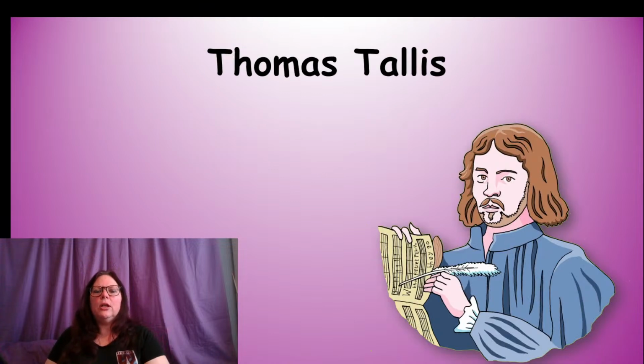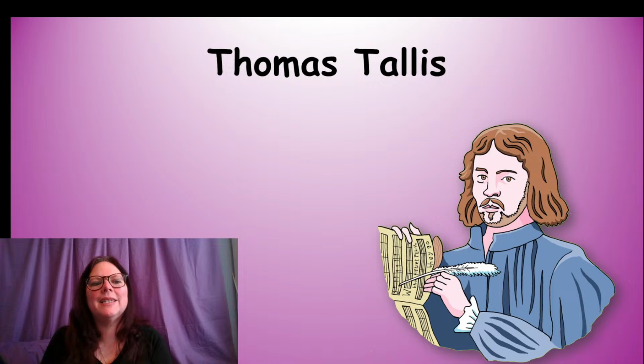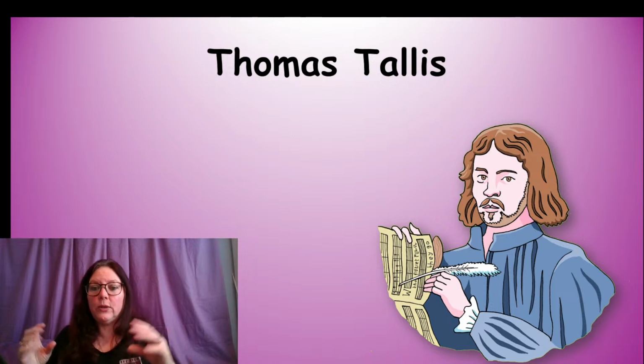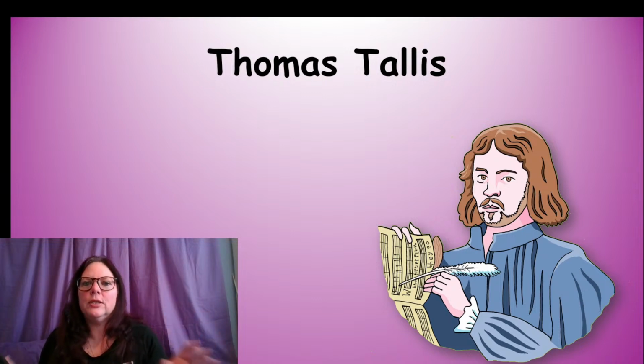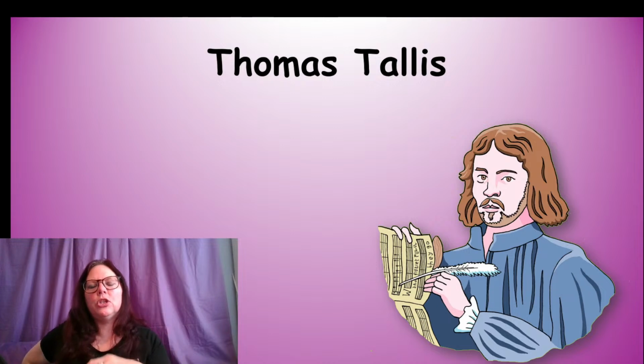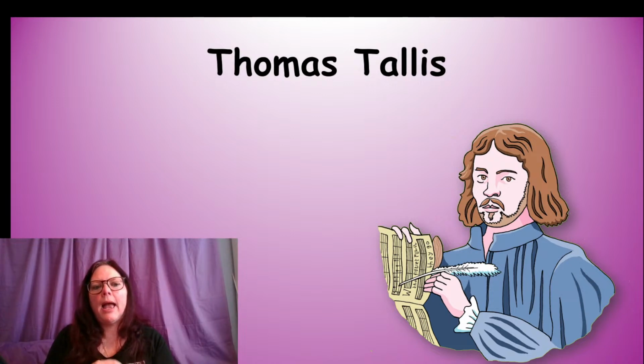We're going to have a little look at a particular composer called Thomas Tallis. Now, he was born in 1505, so he covers the Tudor monarchs and their reigns. He's very much within Tudor history. He was a Catholic, and his job was choir master at Waltham Abbey.